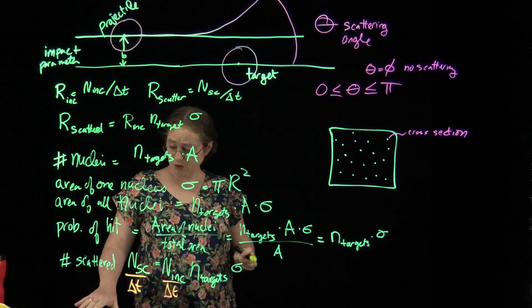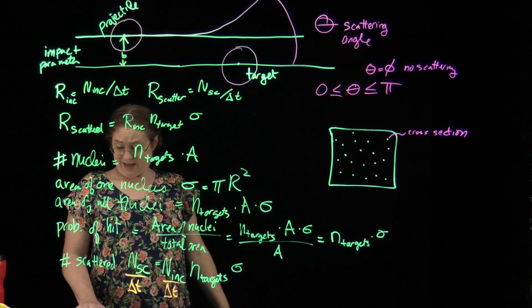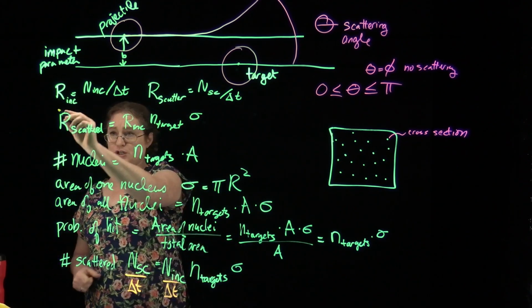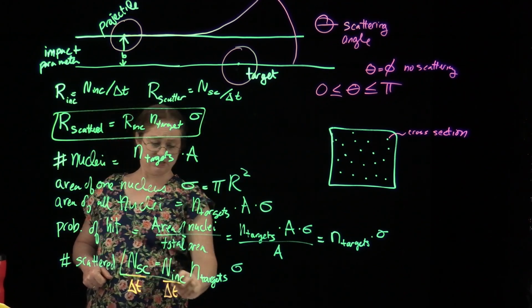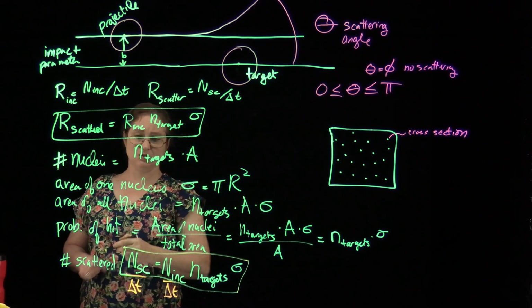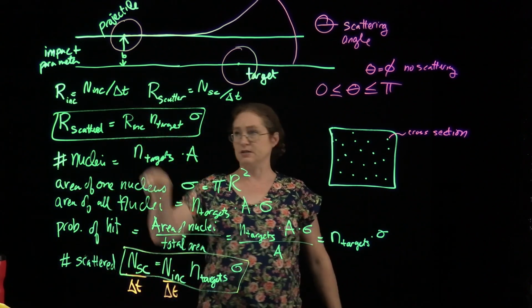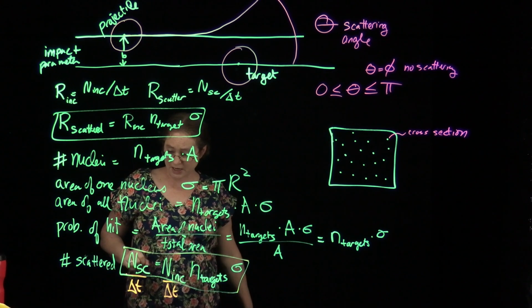All right. So this is often the version that we will actually use, although keep this in mind as well. Sometimes it is more convenient to use a number, and sometimes it is more convenient to use a rate.